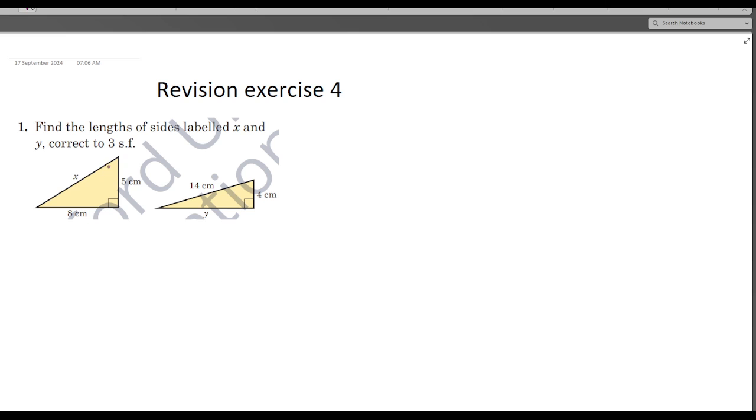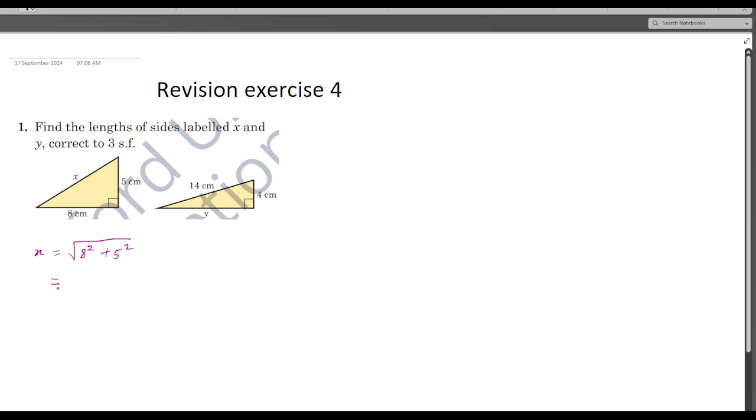So here in the first diagram we will apply Pythagoras theorem and we will get x is equal to square root of 8 square plus 5 square. Basically, Pythagoras theorem is x square equal to 8 square plus 5 square, that is square of hypotenuse equals the sum of squares of the remaining two sides.